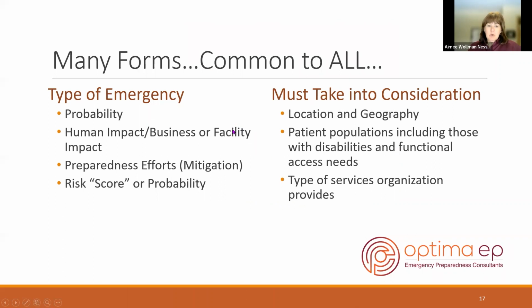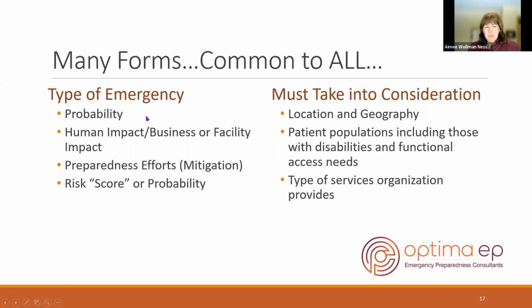A very common one is the Kaiser Permanente version, which is available for free on the web. But there are many other types that you can download, or you can create your own, or borrow and steal from other people. There are many different forms, but common to all of them are the types of emergencies.